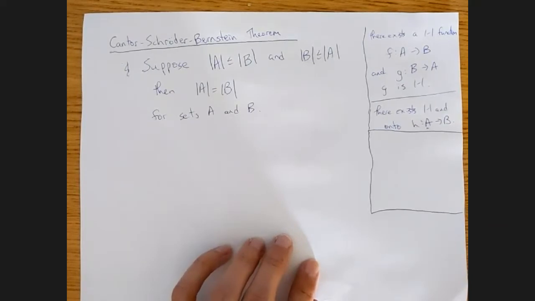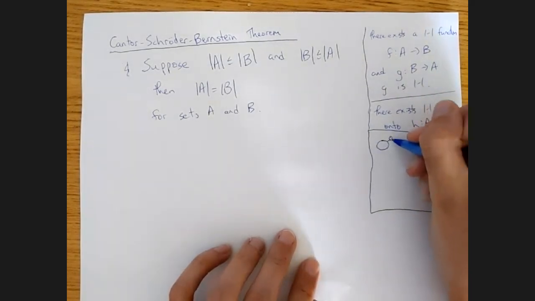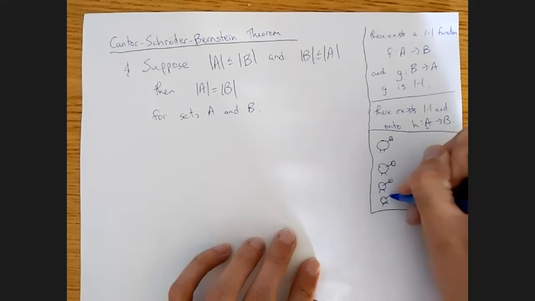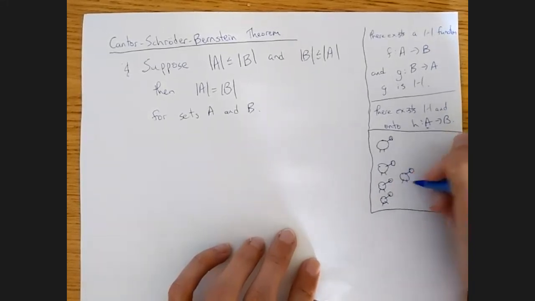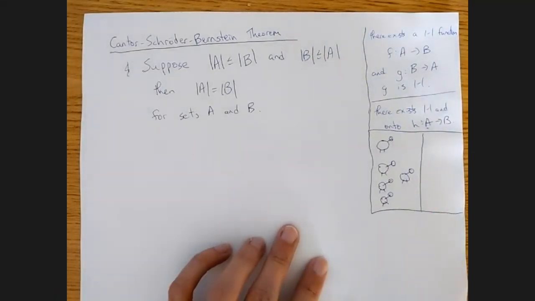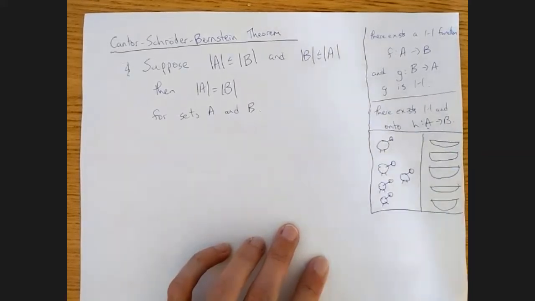If you had 5 sheep and I have 5 boats, here's my 5 boats.